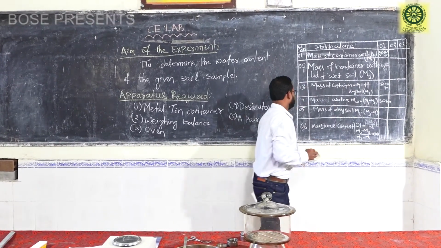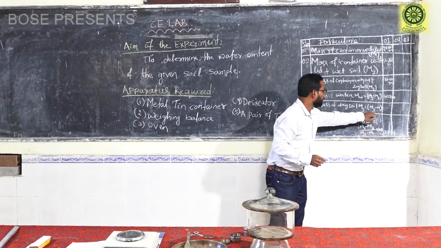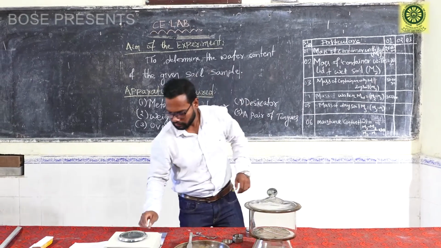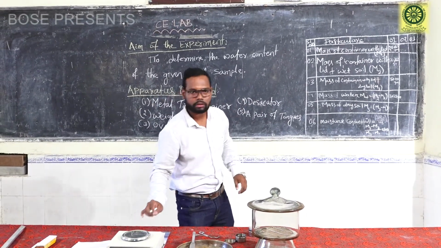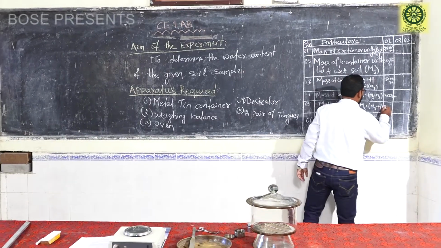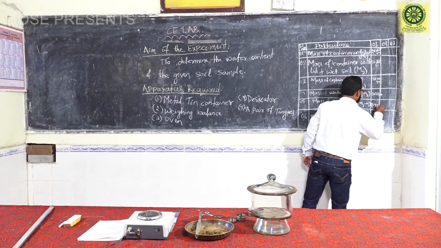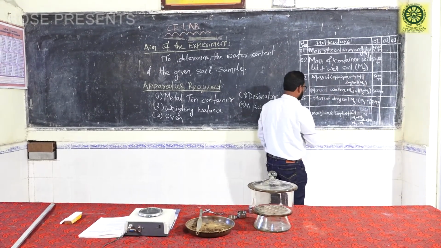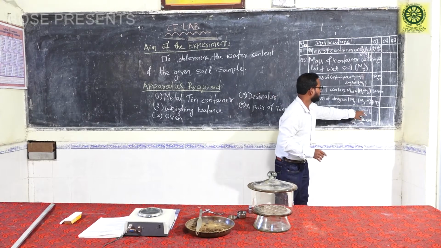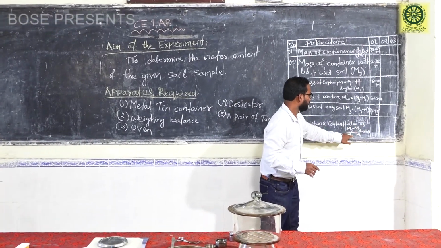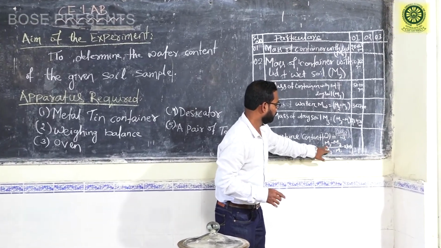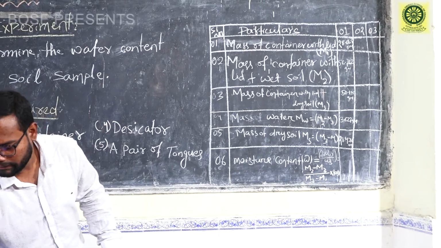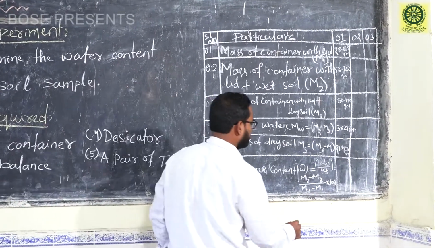Next is the mass of dry soil, which is M3 minus M1, which comes out to 21.470 gram. From the above data, we can easily calculate the moisture content, which is the weight of water to the weight of solid, that is M2 minus M3 divided by M3 minus M1, which comes out to be 16.893%.